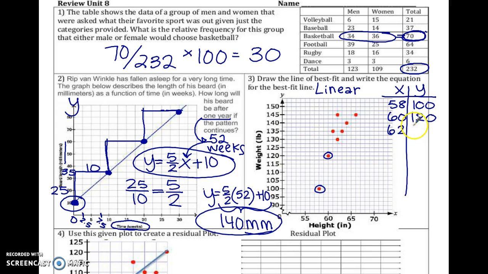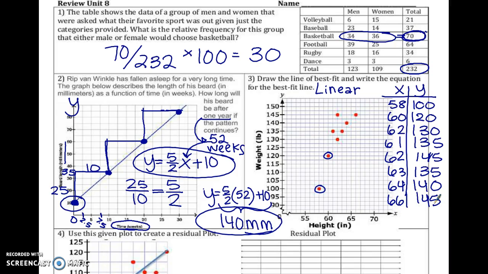So 62, 130, 61, 135, 62, and 145, 63, 135, 64, 140, and 66, 145.